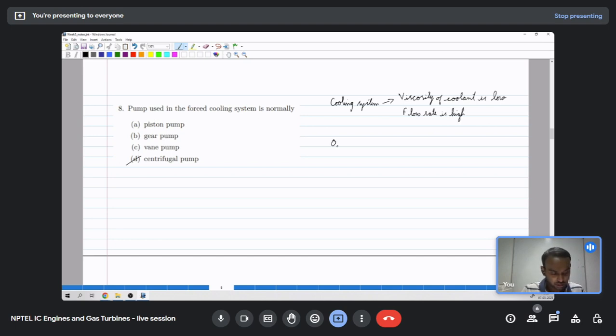Whereas for an oil lubrication system, the viscosity is high and the flow rate is not as high as in a cooling system. So here a centrifugal pump is a good choice for the cooling application, and for lubrication positive displacement pumps are used.